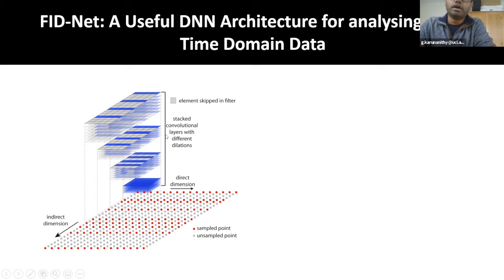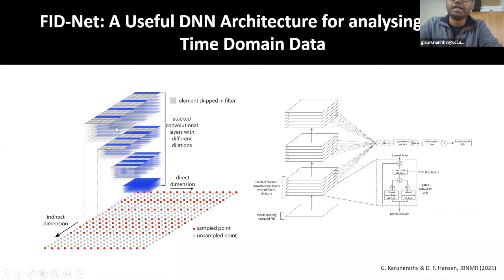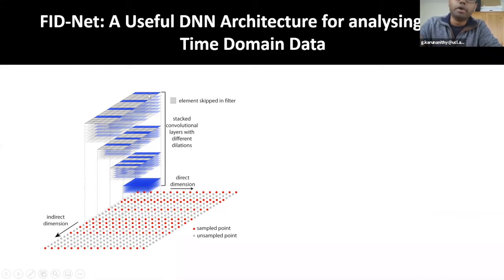You can look at short-term patterns in the data by having no dilations, but you can have effectively the same sized filter with these dilations introduced, so these holes, to get access to long range patterns in the data as well. By stacking these on top of each other, you can get a handle on both what's happening at short times as well as long times.